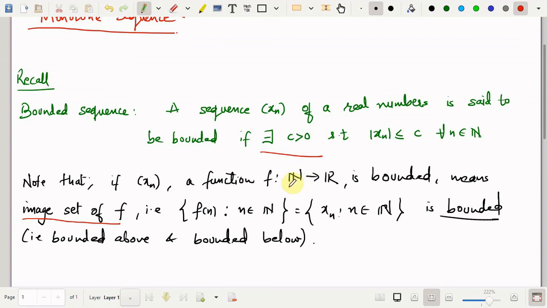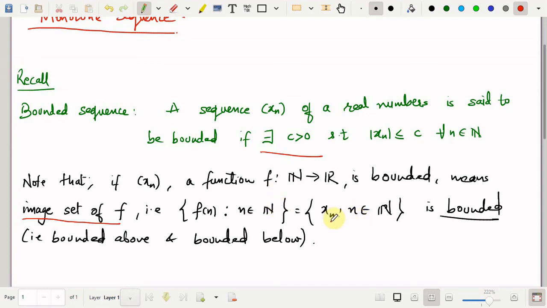But here the domain is the set of natural numbers, so I can say f of n for each n in N, which by the definition of the sequence is nothing but xn: each term x1, x2, x3 represents the image of the function f.